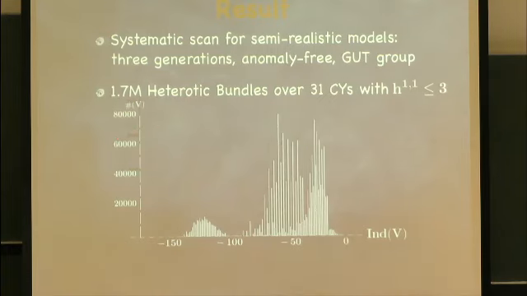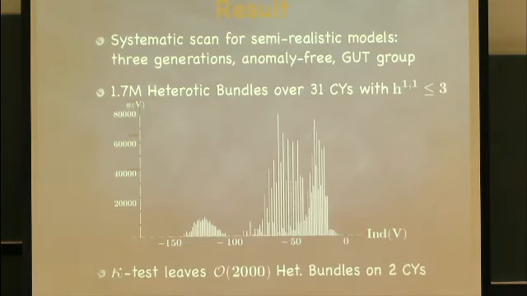As you can see, for the majority of them, the indices are pretty large compared to 3. And indeed, after you impose some necessary conditions for the group order kappa, we are only left with about 2,000 heterotic bundles on 2 Calabi-Yau three-folds. And these will be the surviving models we have.